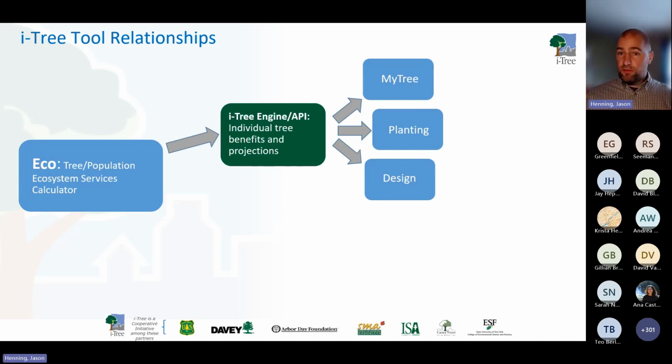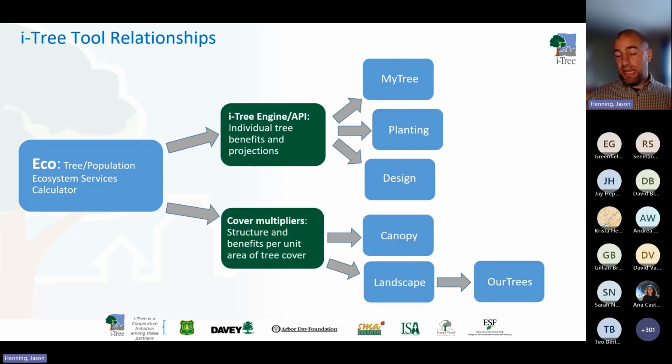So that's how it works for the individual trees. Then we have those canopy tools. Those are the top-down tools. We're looking at how much canopy cover we have and the benefits it provides. That's still based on iTree Eco. Essentially, what we do is we take iTree Eco, we run it for every county, if you're here in the US, or similar geography if iTree Canopy works outside the US.